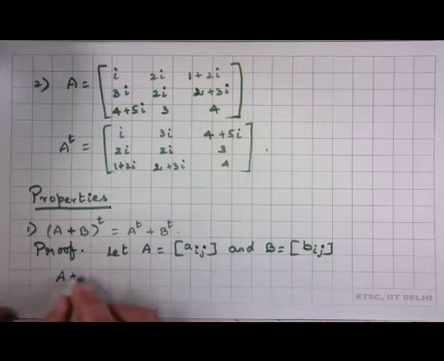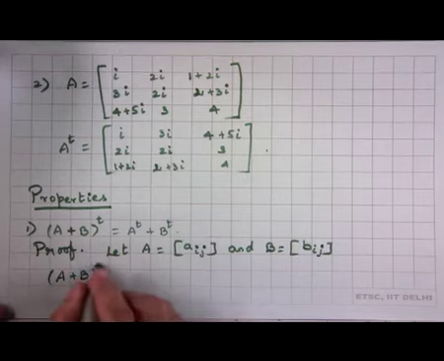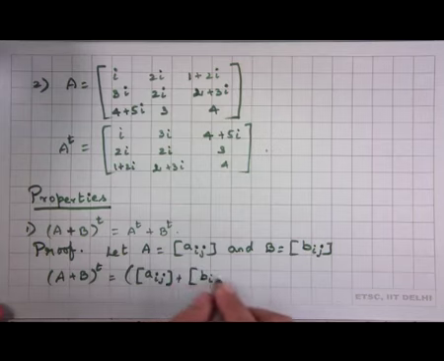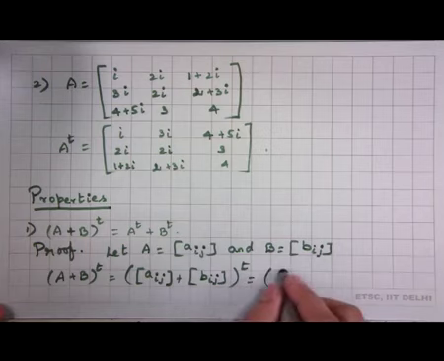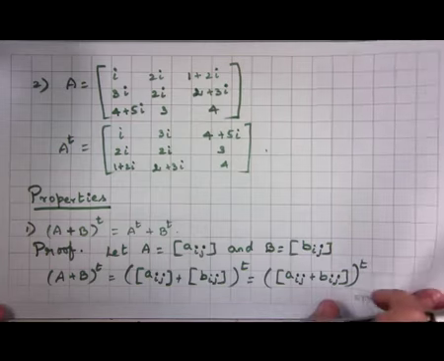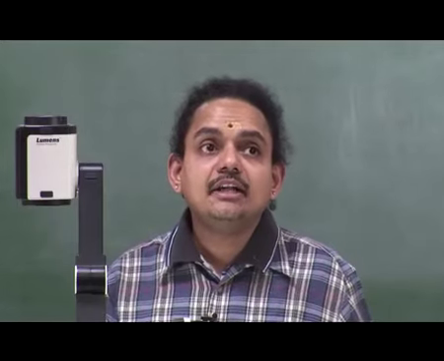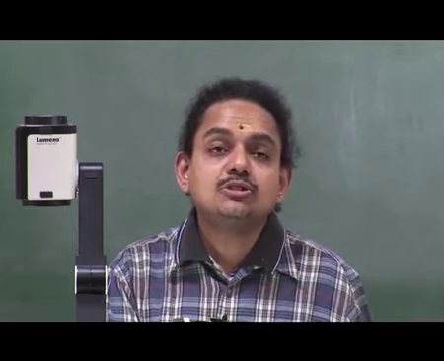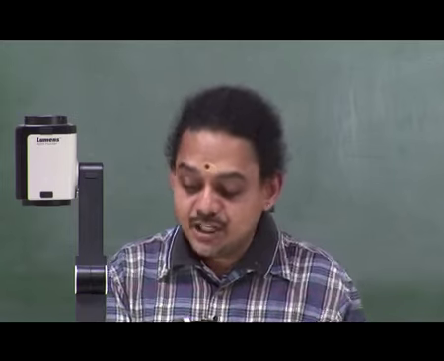What we wanted is A plus B whole transpose, which is the same as the matrix Aij plus Bij, the whole transpose. When you take the transpose, the ijth entry goes into the jith position and the element in the jith position goes to the ijth position.